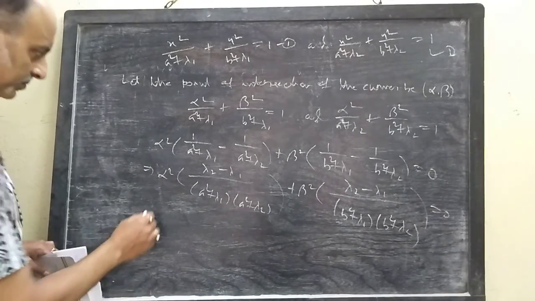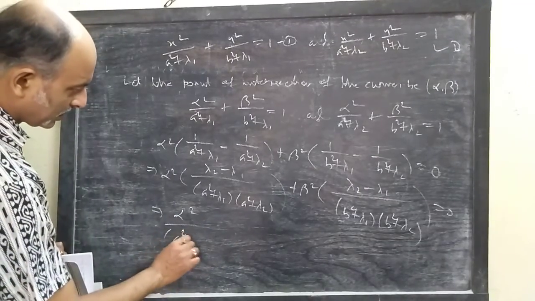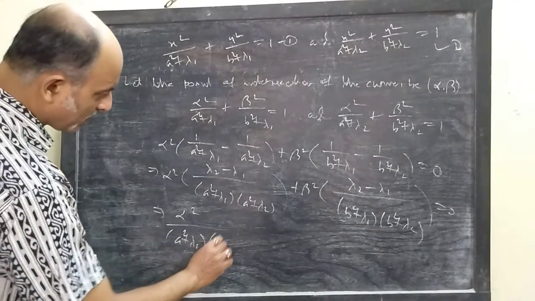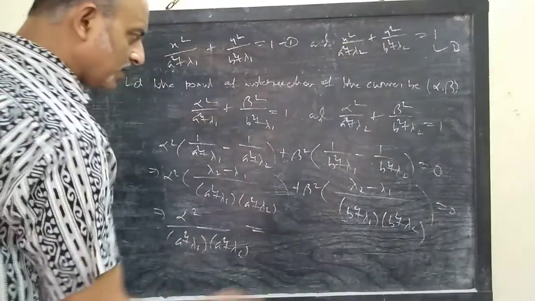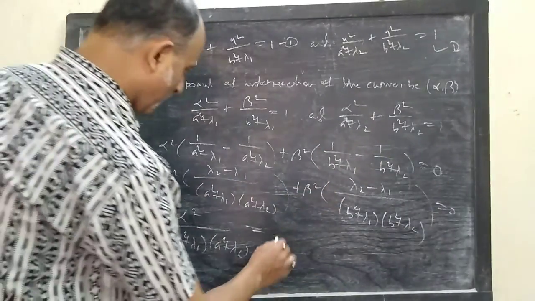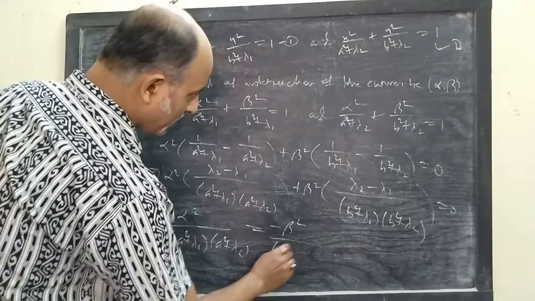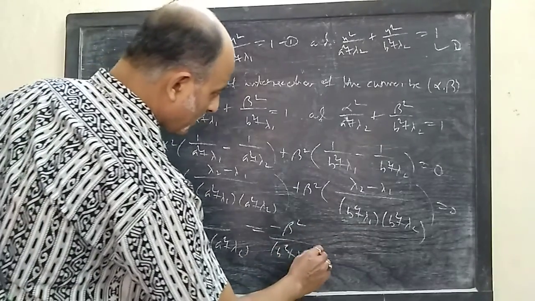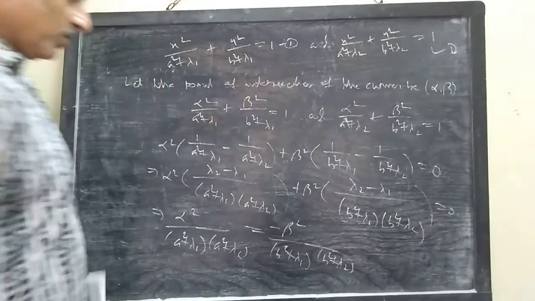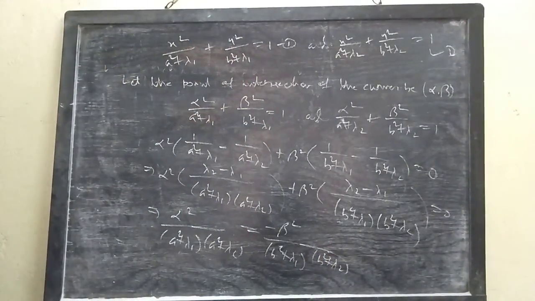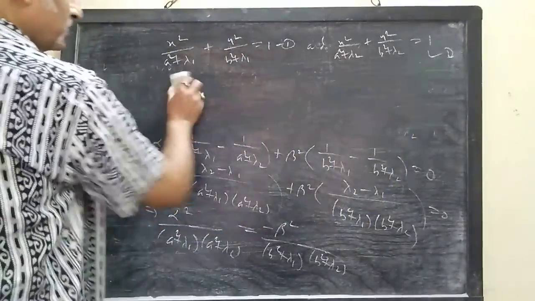Then you get alpha square by a square plus lambda 1 into a square plus lambda 2 is equal to, shifting this term to the other side, minus beta square by b square plus lambda 1 into b square plus lambda 2. Now we get the result in this form.